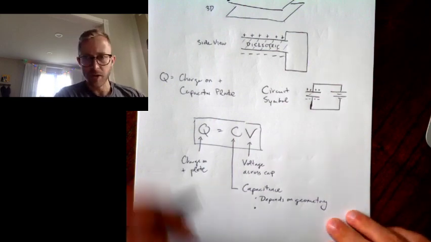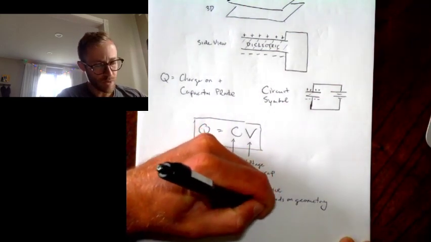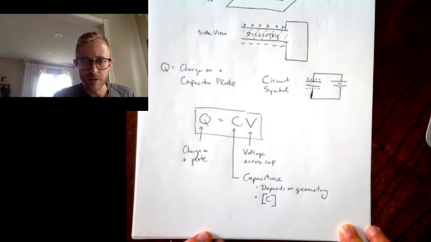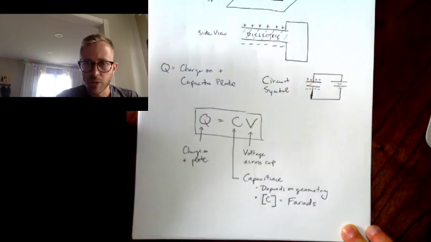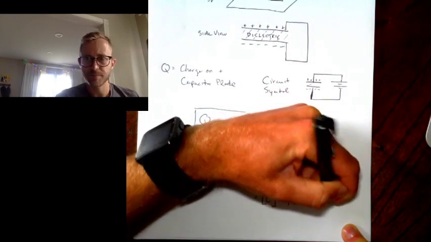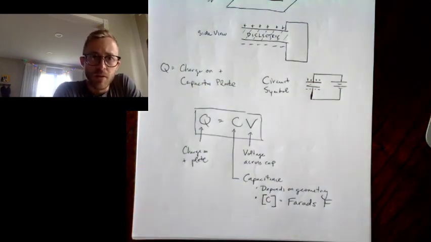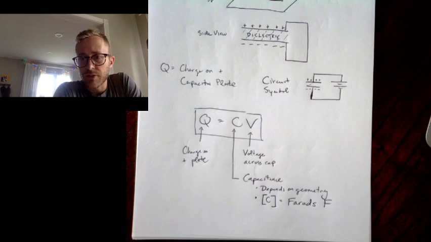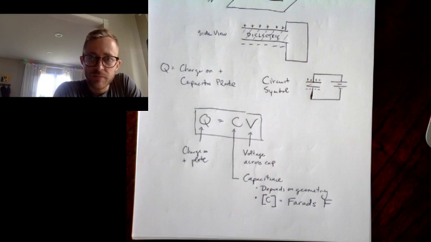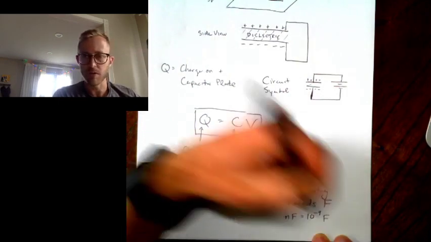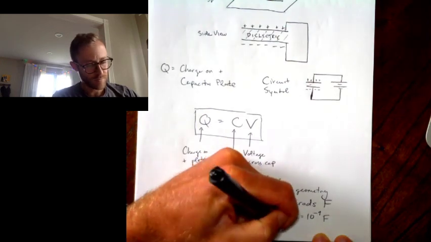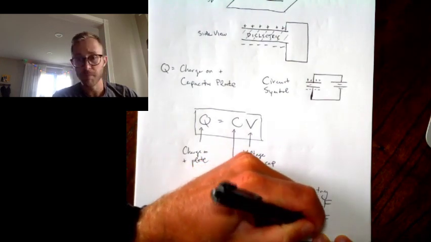The other thing I wanted to give you is the units of capacitance. The units of capacitance are called farads, which is abbreviated by F. Most capacitors are in the range of nanofarads, so a nanofarad is 10 to the minus 9 farads, or microfarads, which is 10 to the minus 6 farads.